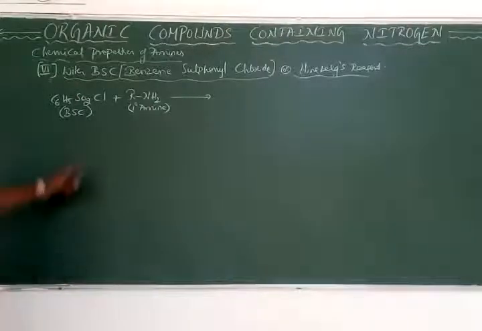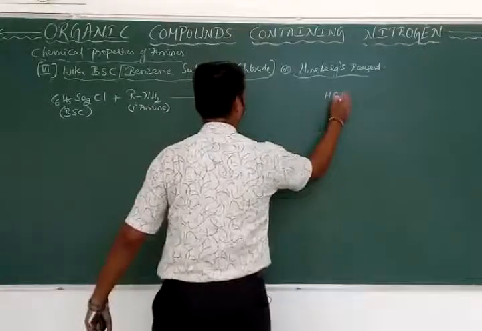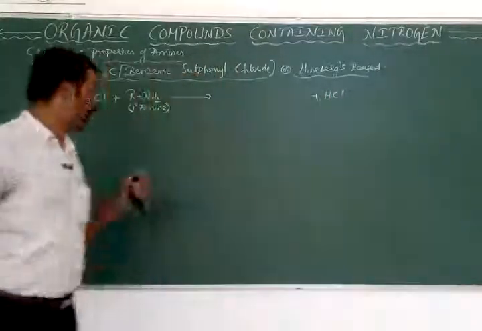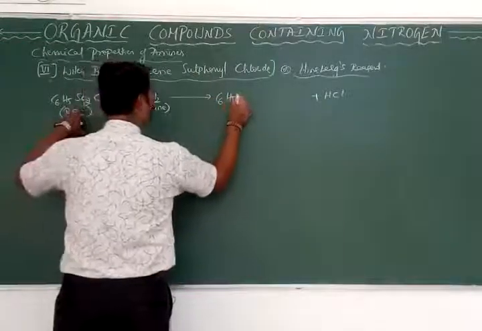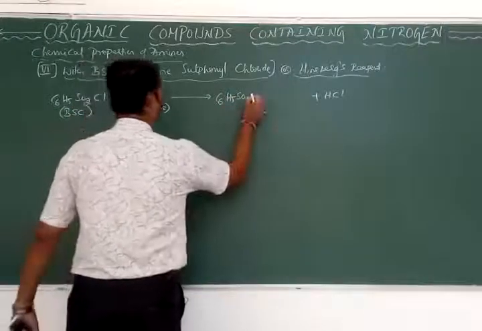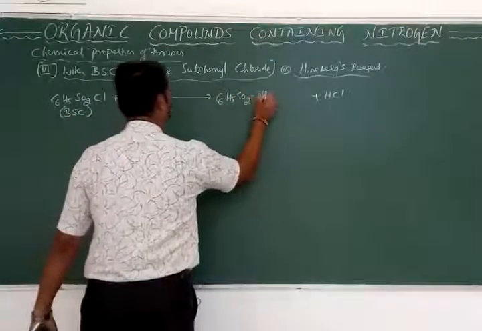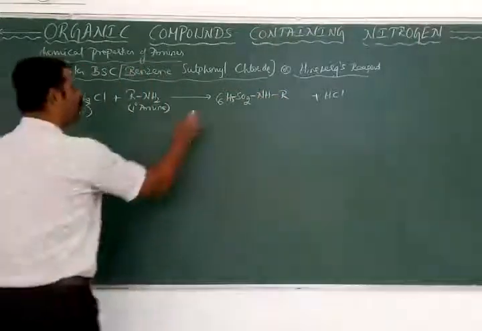The same thing. Here there is Cl, here there is H. Therefore, this is removed in the form of HCl plus. What is left here? C6H5SO2NHR.